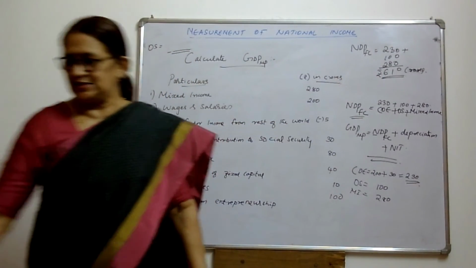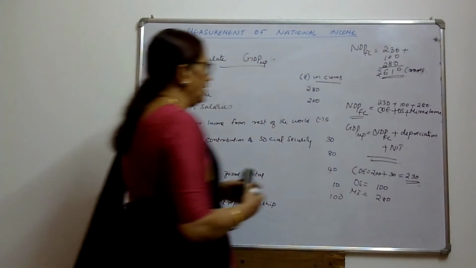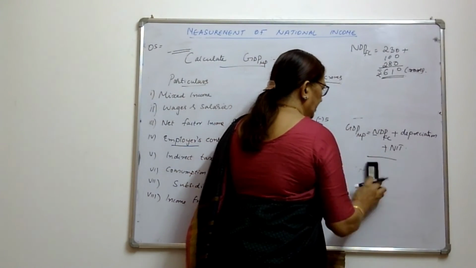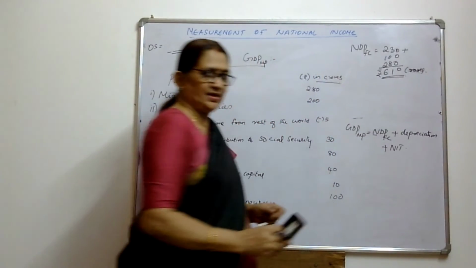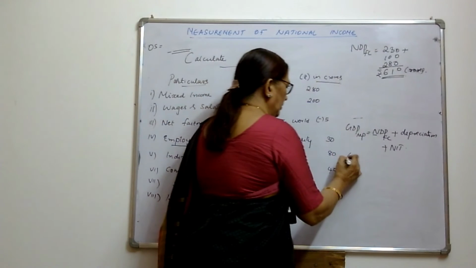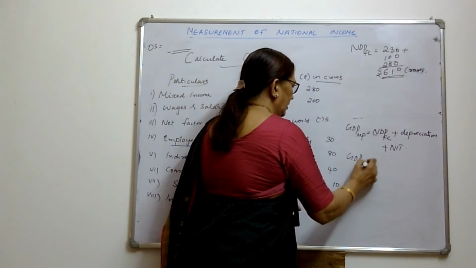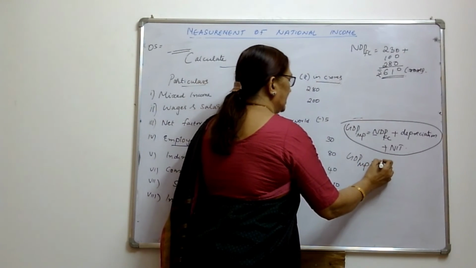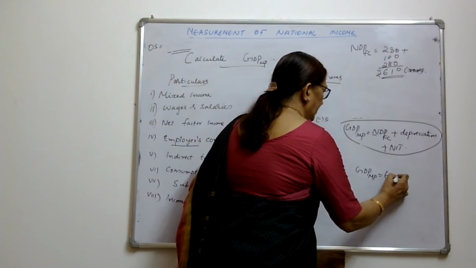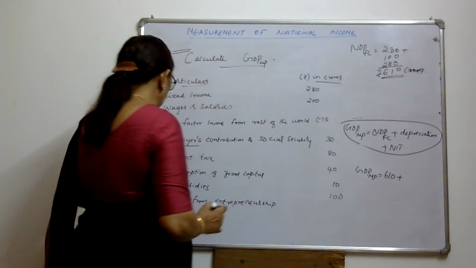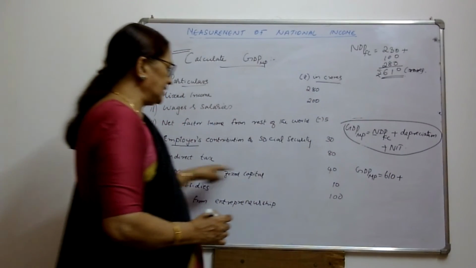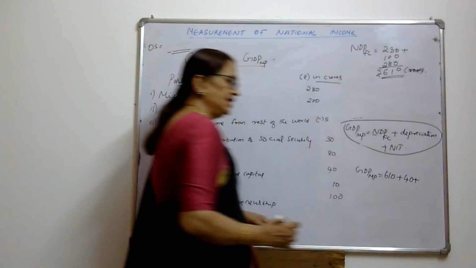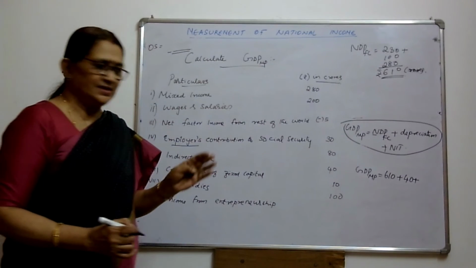Now what is the next step? We have to derive GDP at market price. GDP at market price is equal to NDP at factor cost, that is 610, plus depreciation. Depreciation is consumption of fixed capital, 40, plus net indirect tax, which is indirect tax minus subsidy.